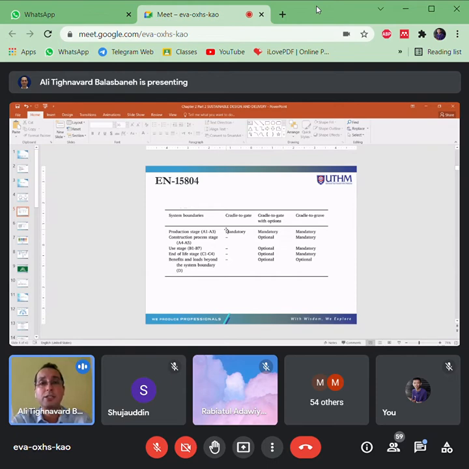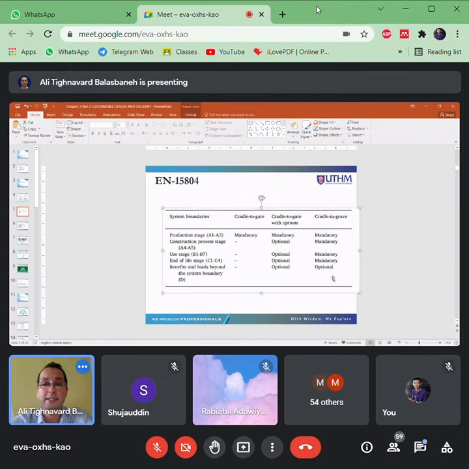Anything related to the construction process A5, like the machinery and the equipment we use, when we have a vest, everything is part of A5, which could be optional if you assume that your study is cradle to gate. But if you want to study cradle to grave, you have to consider A4 and A5. It's mandatory, right? As you can see here.